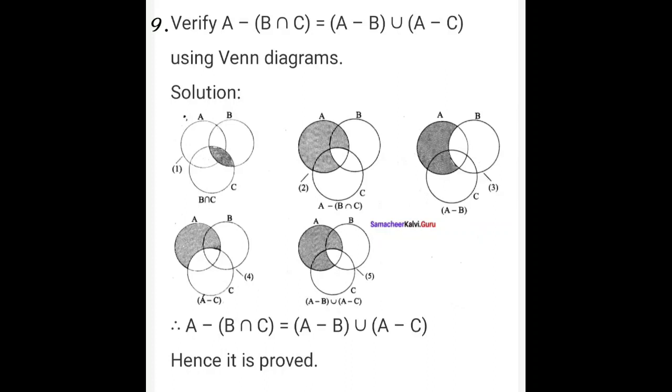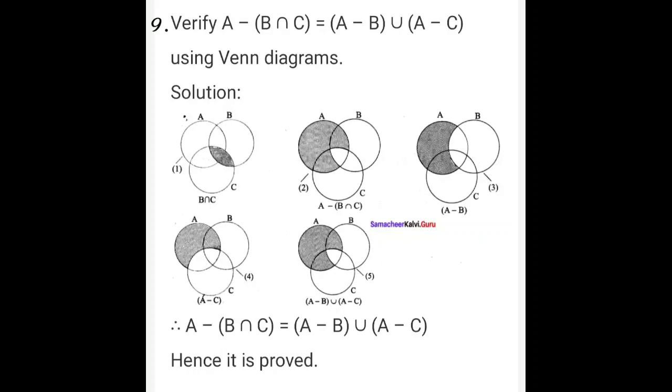Ninth one, verify A minus (B intersection C) is equal to (A minus B) union (A minus C) using Venn diagrams. First one, left hand side: A minus (B intersection C).